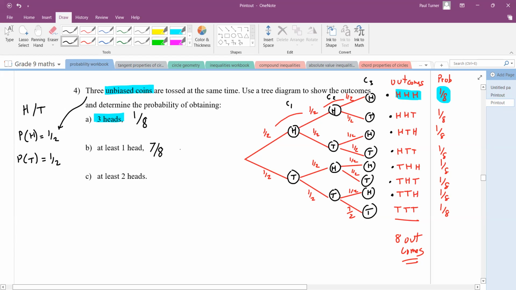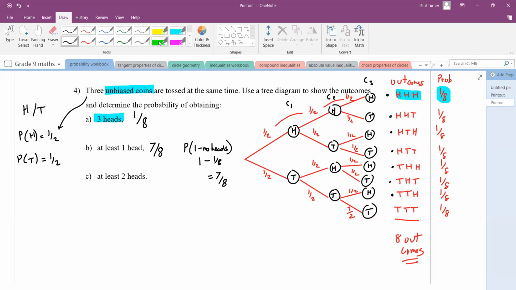Or you could do that as the probability of 1 minus no heads, and you'll get the same answer, because that would be 1 minus this last outcome, tail, tail, tail. So that would be 1/8. So you'll also get 7/8. So this is another way you can do that particular question.